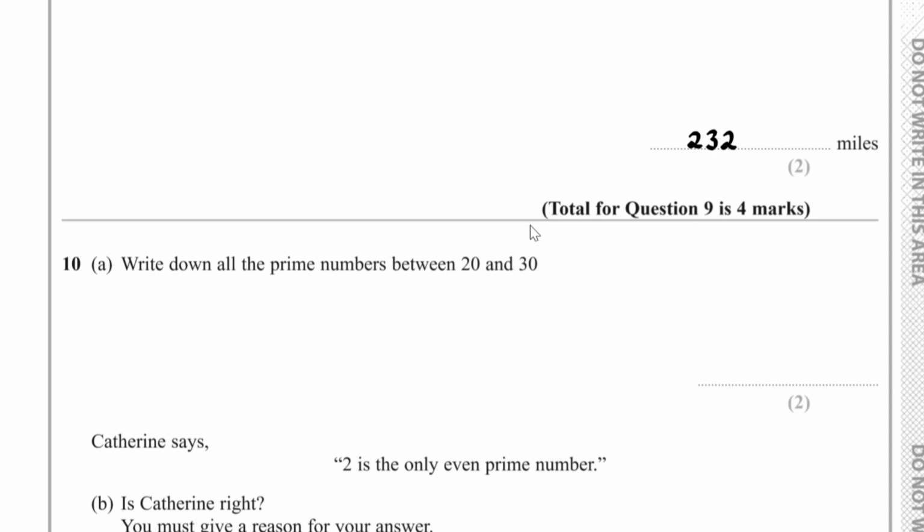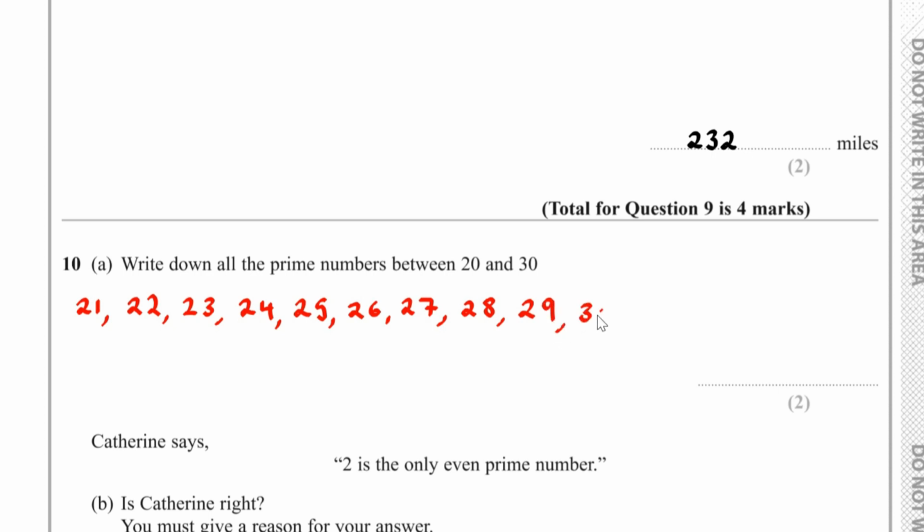Question number 10 for part A, we have to write down all the prime numbers between 20 and 30. Well, a prime number is a number which can only be divided by itself and 1 only. So if I write out the numbers between 20 and 30 inclusive, we've got 21, 22, 23, 24, 25, 26, 27, 28, 29, and 30.